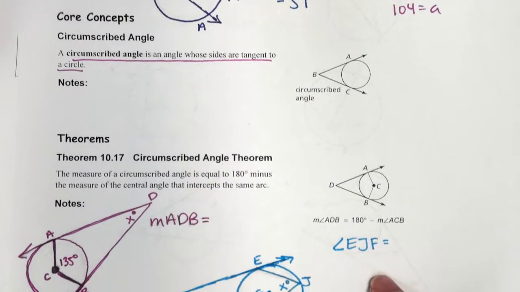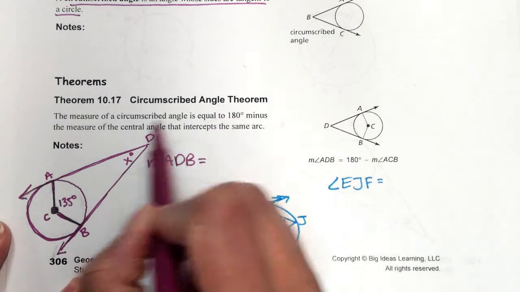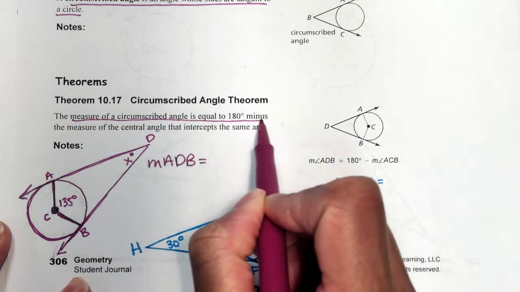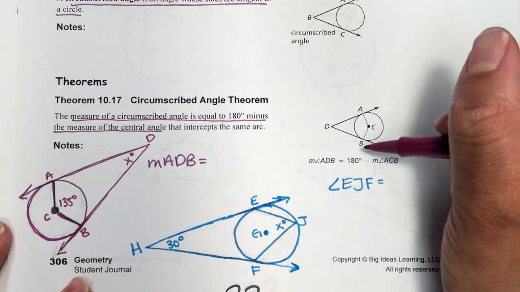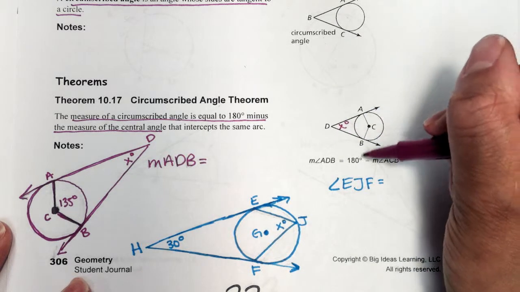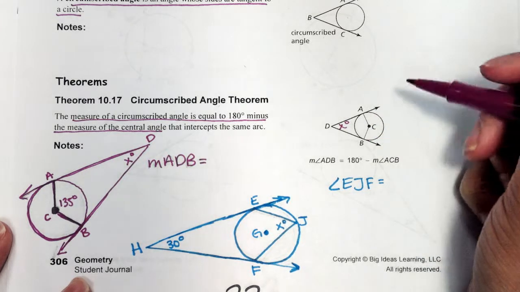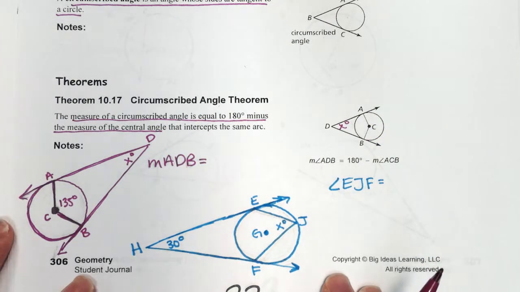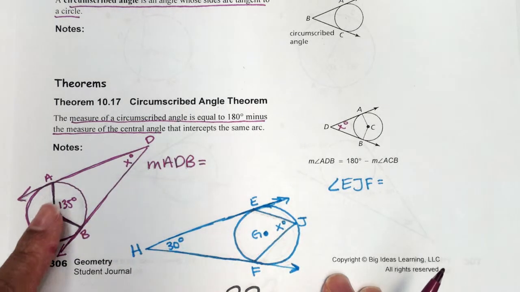So we're going to apply a theorem to this. The measure of a circumscribed angle is equal to 180 degrees minus the measure of its central angle. So if I wanted to find ADB, I have to subtract the measure of ACB from 180, so I have to use that theorem. For example, say I want to find ADB here, and I'm given 135.